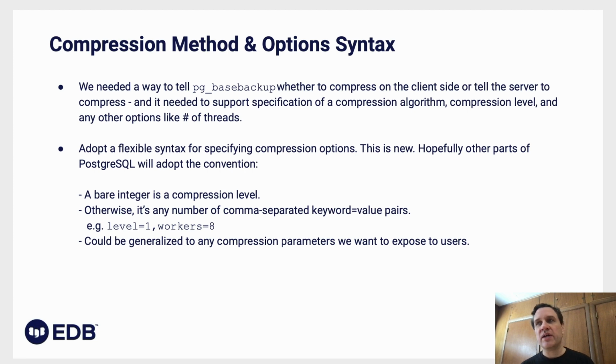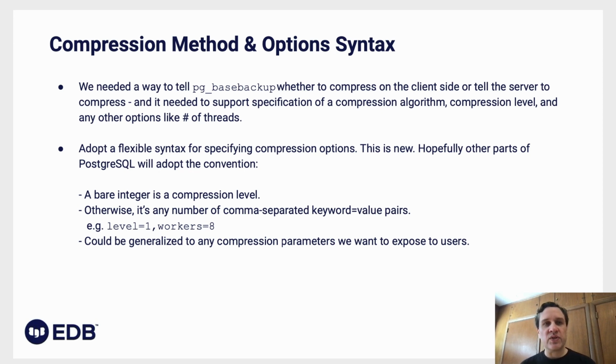We also have one option, namely the number of workers, that can be set apart from the compression level, and we need a way to tell the server whether to perform the compression, to tell pg_basebackup whether to perform the compression on the server side or on the client side. And you saw in the syntax examples that I showed a few slides ago how we solved those problems.